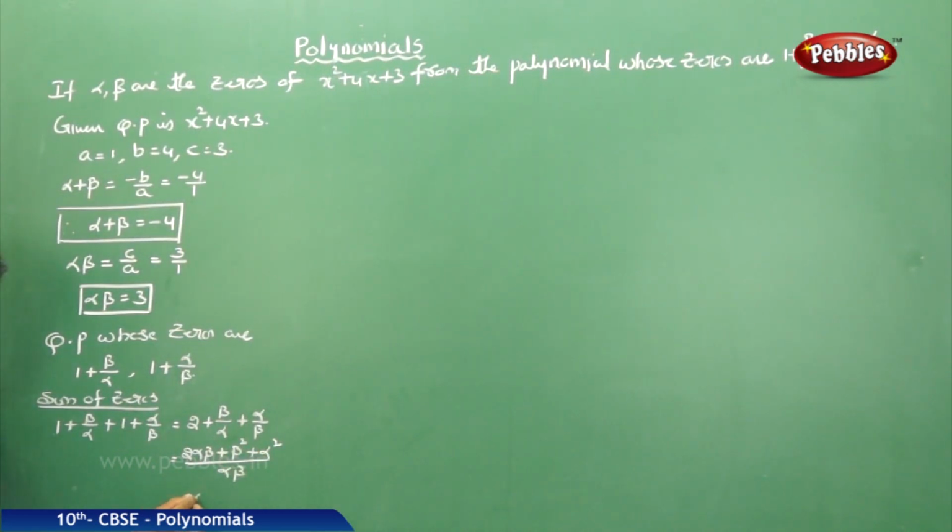Therefore, in order, alpha square plus beta square plus 2 alpha beta by alpha beta.